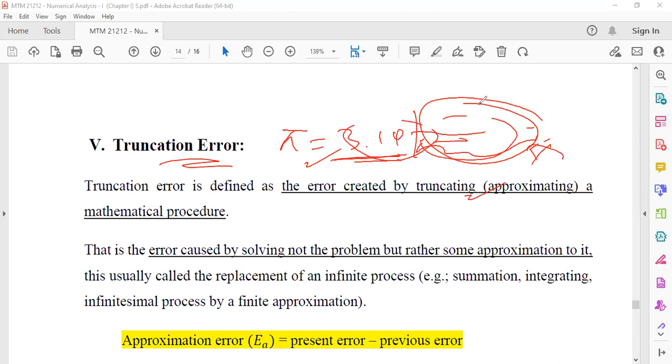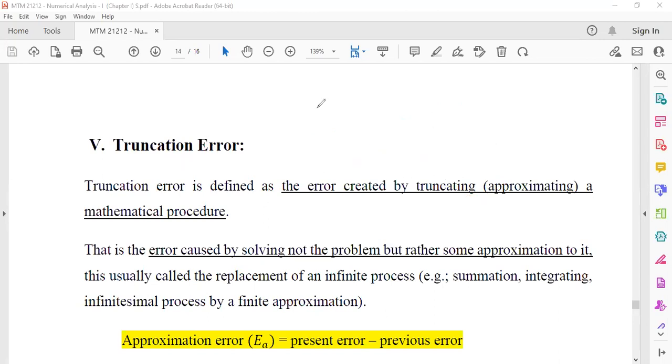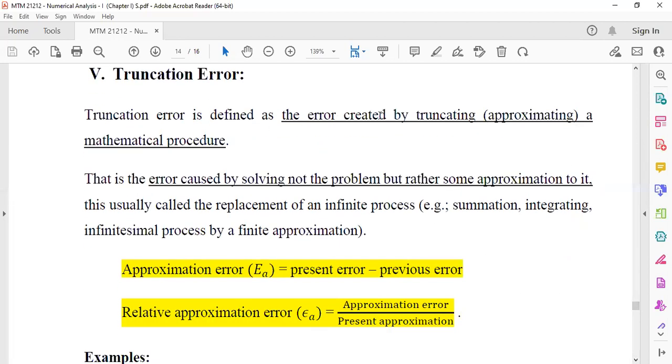So let's continue. I have underlined the important things; if you've already written the notes, you can underline them too. That is the error caused by solving not the problem but rather some approximation to it.